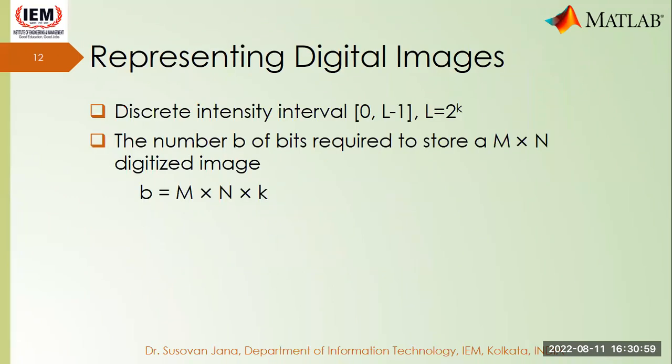Now it will be simpler mathematics for calculating the image size and how many intensity levels there will be. It completely depends on how many bits you take to store a particular pixel. If you take k bits to store a pixel, then we will have 2 to the power k intensity levels. Okay, so L is the number of intensity levels. So L equals 2 to the power k.